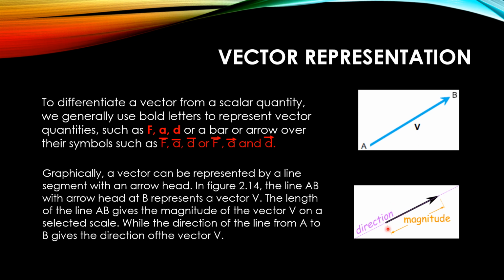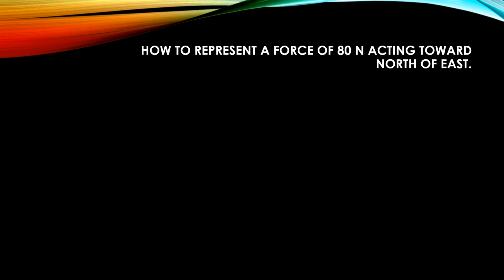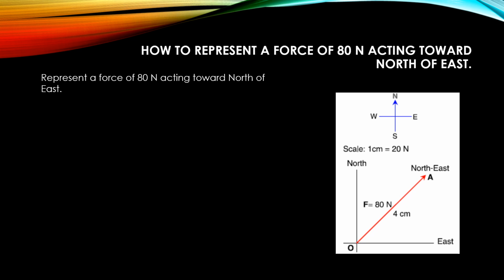In this figure again, we have shown the magnitude and the direction by drawing a single vector. Now I will explain to you how to represent a vector, or how we can draw a vector on a piece of paper. For that, I will take an example of a vector force of magnitude 80 Newton, which is acting north of east.